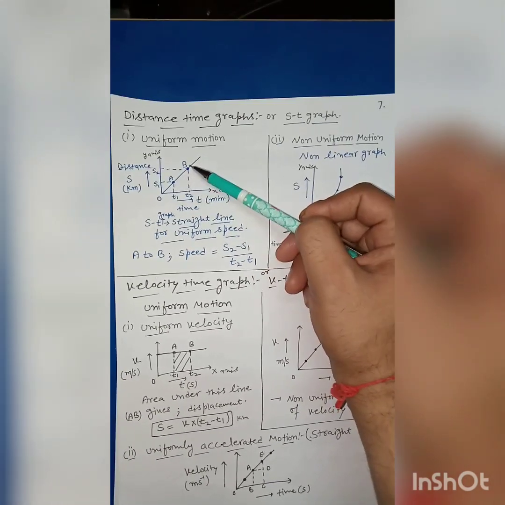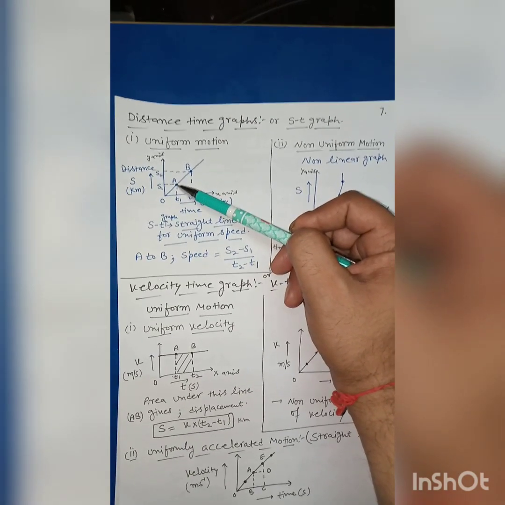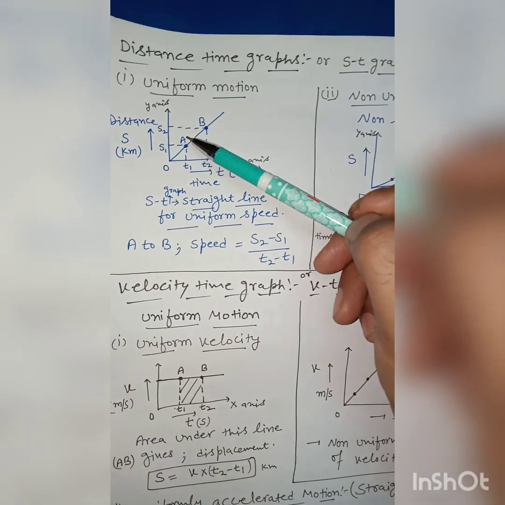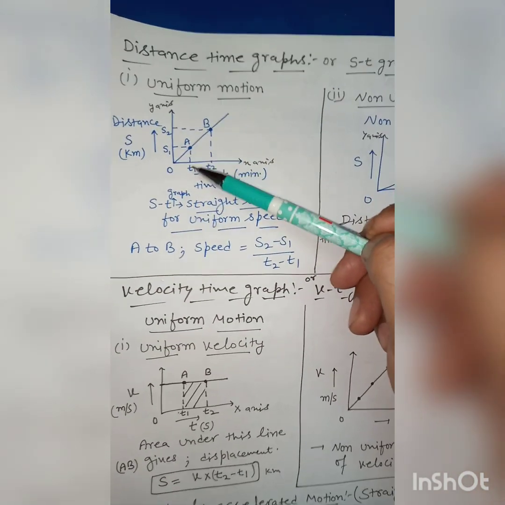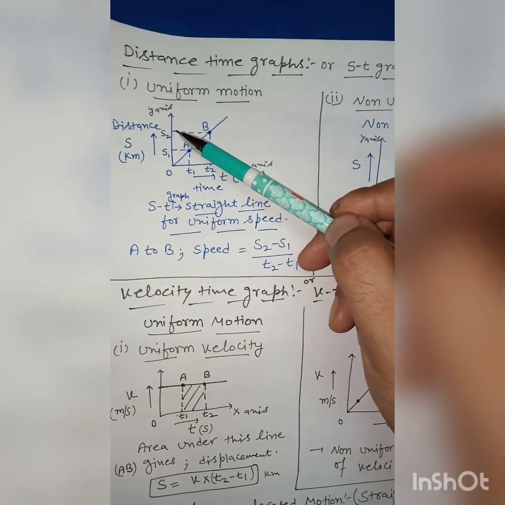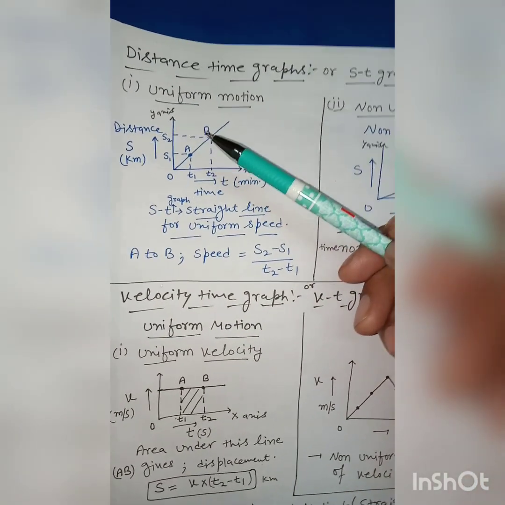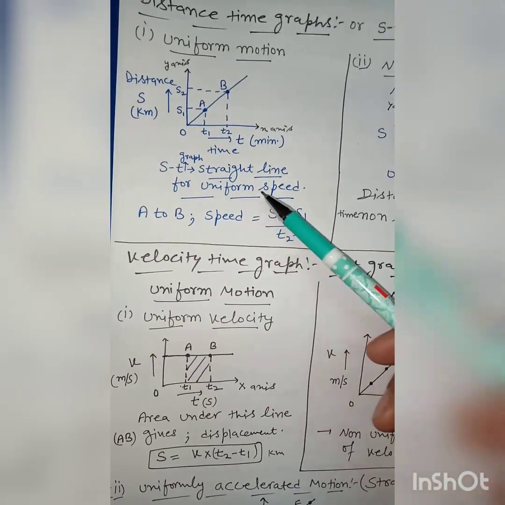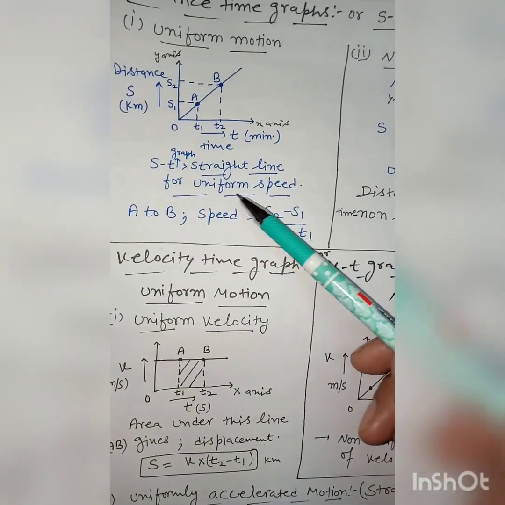There are 2 points A and B. At point A, distance covered by the body is S1 at time t1. At point B, distance covered by the body is S2 at time t2. So the ST graph gives a straight line for uniform motion.